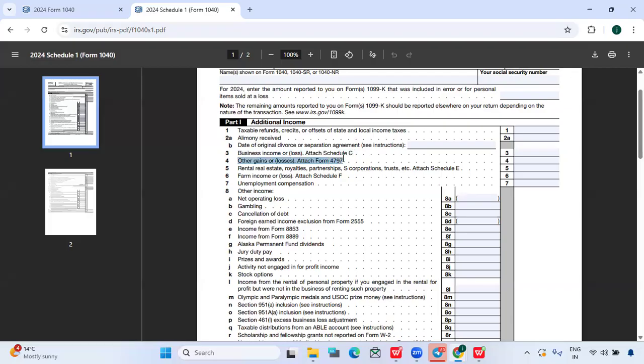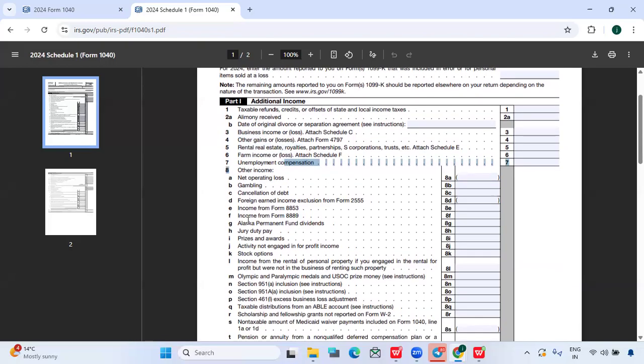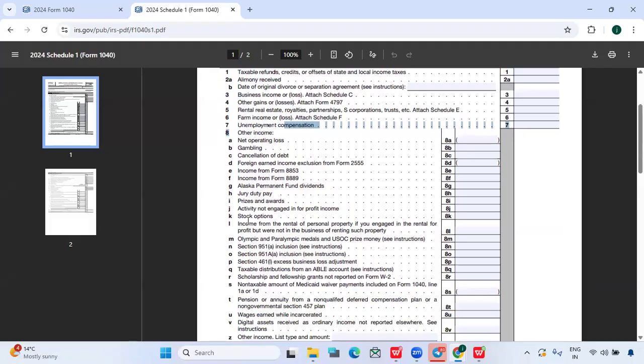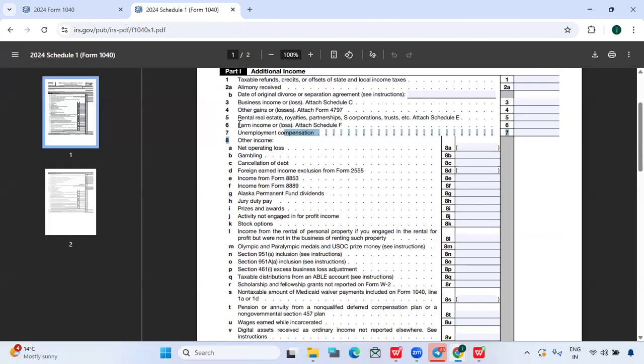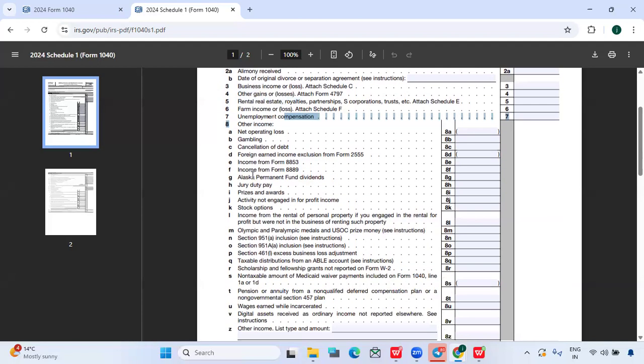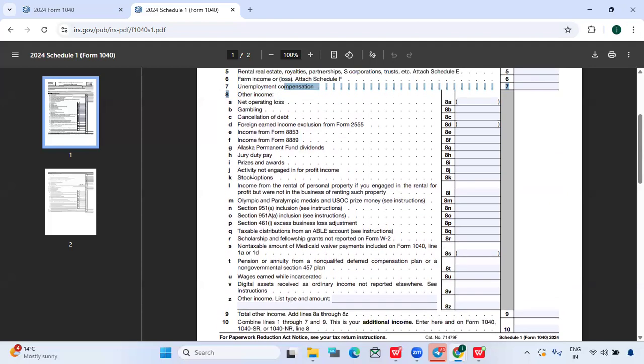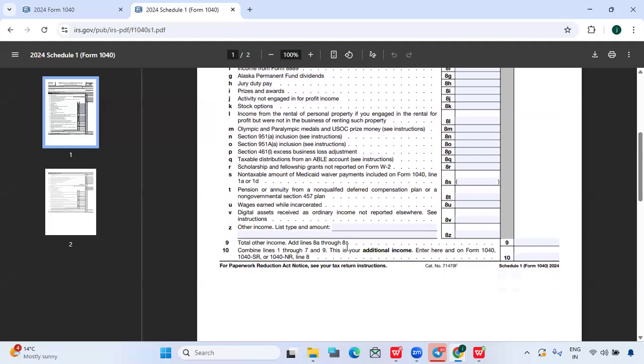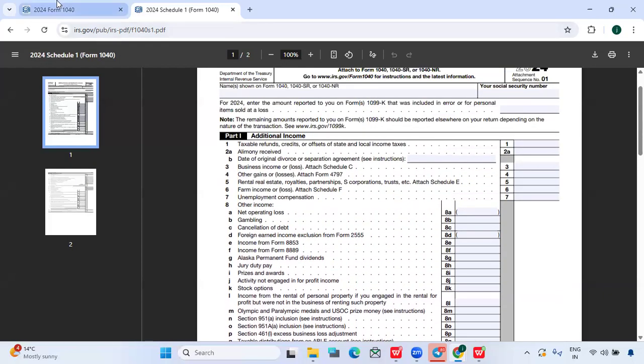Other gains, rental real estate and royalties on Schedule E, and also farming income, unemployment compensation, other income. Other income we can say is all other than lines 1 to 7, so if you have other income, then we will report it on line 8. This is the summary of additional income.